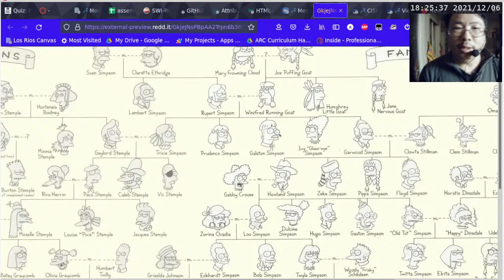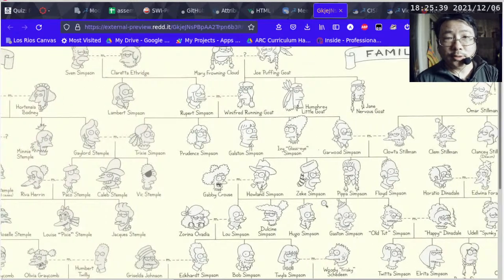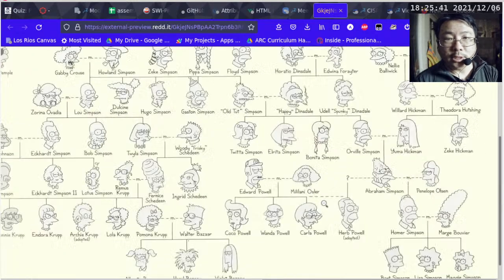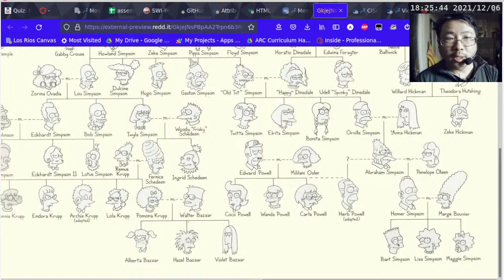There we go. And the focus is, I think the portion that is easier for us to test with is to figure out between Bart and, we can go for, let's see here, Pomona, or we can look up Furnace, or we can look up Twila, because all of these are individuals who are cousins of Bart, but with various times removed.